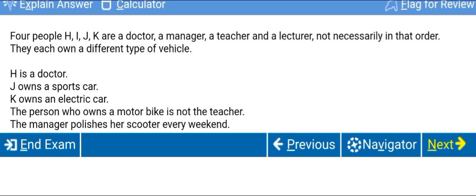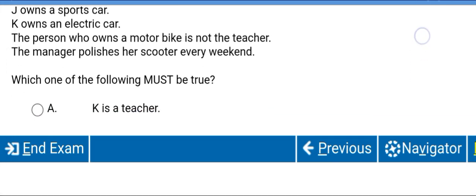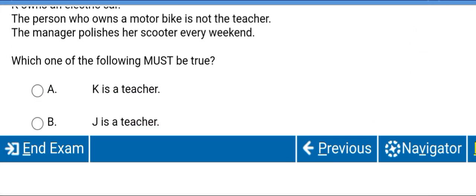H is a doctor, J owns a sport car, K owns an electric car. The person who owns a motorbike is not the teacher. The manager polishes her scooter every weekend. So which one of the following must be true?